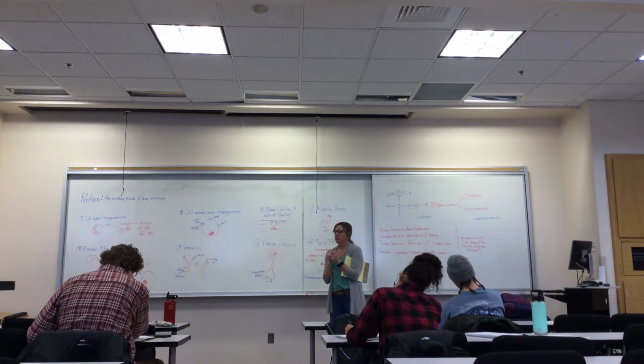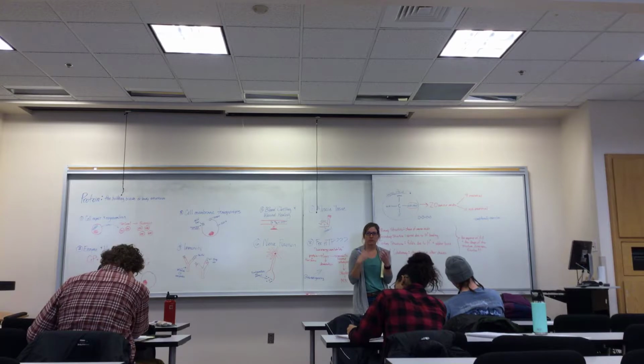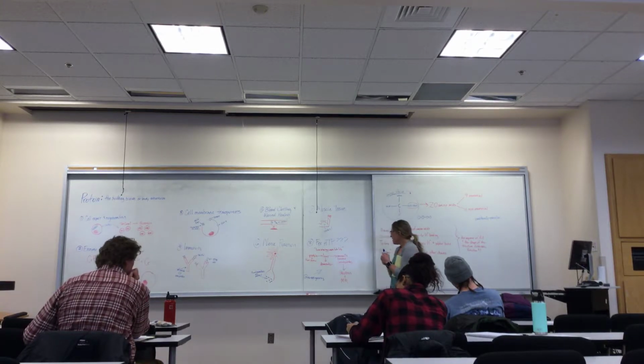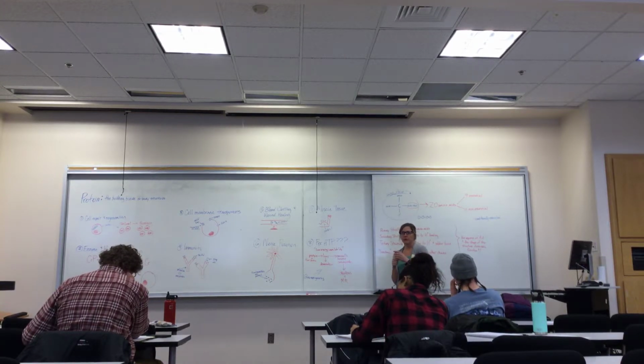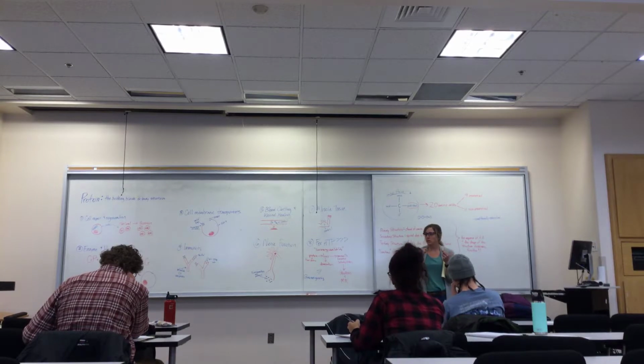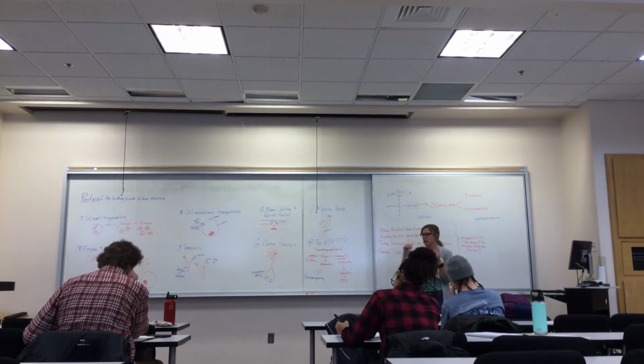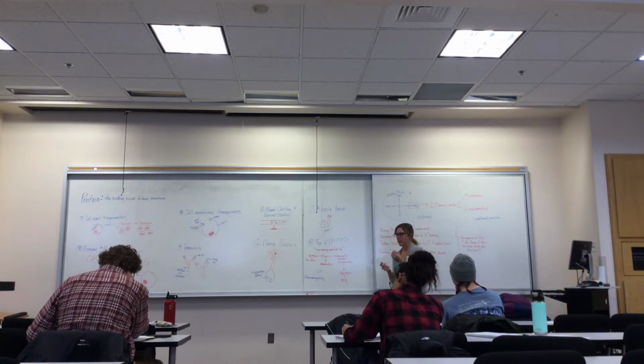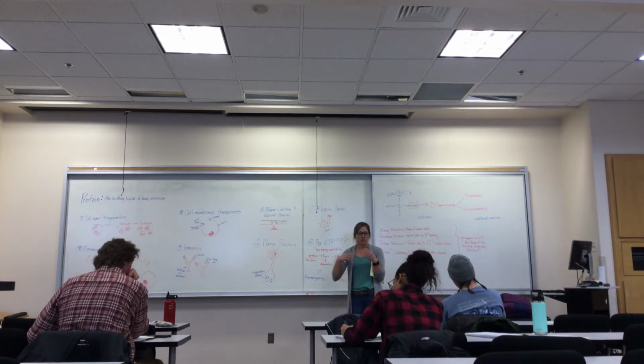But they have some good images to kind of give you an idea of what this would look like. But the primary structure of a protein is going to be this sequence of amino acids that are connected via those peptide bonds, okay? Could be 4, could be 20, whatever.